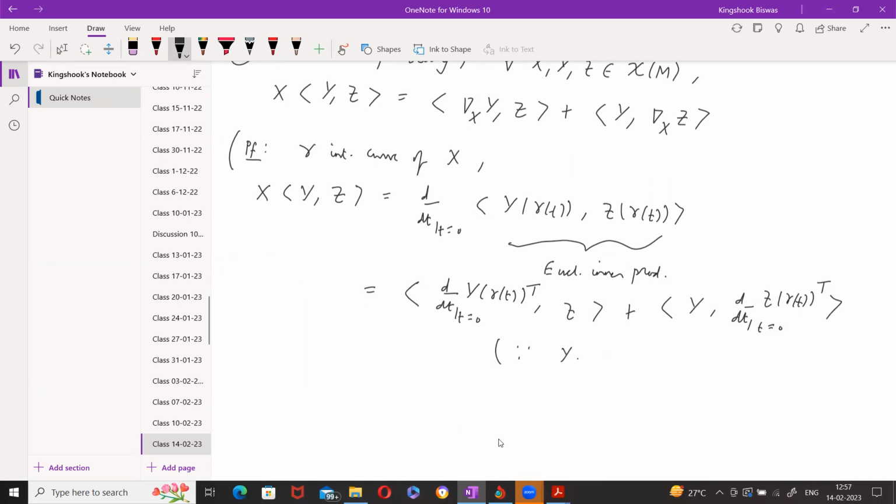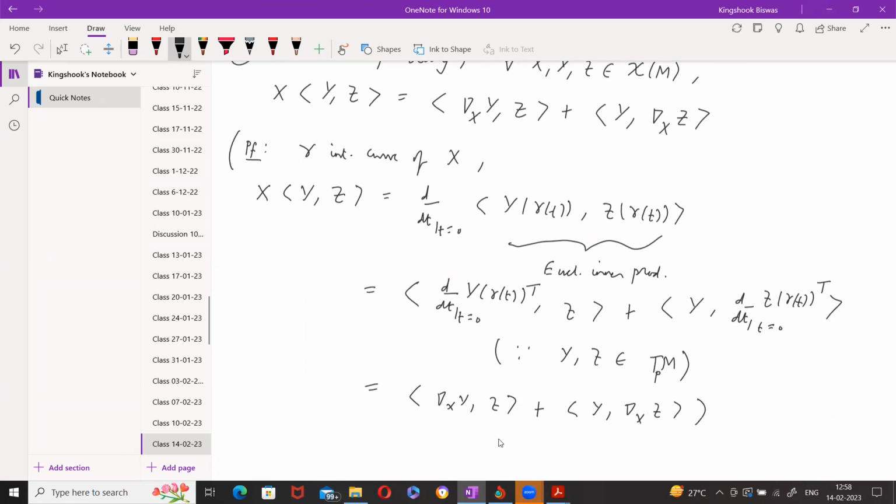So this is by definition nabla XY, and the other one is nabla XZ. That's it. So this satisfies metric compatibility.